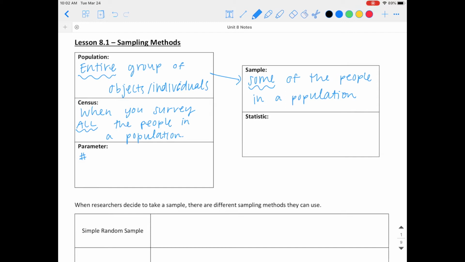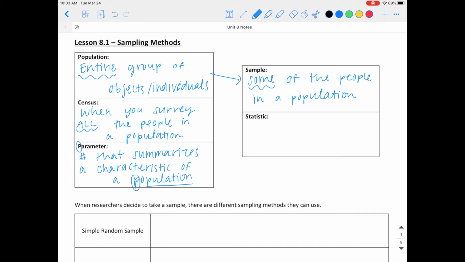Okay, we conduct a census, and when we conduct that census, we calculate our numbers. Those numbers are parameters. Okay, so a parameter is for a population, P and P.